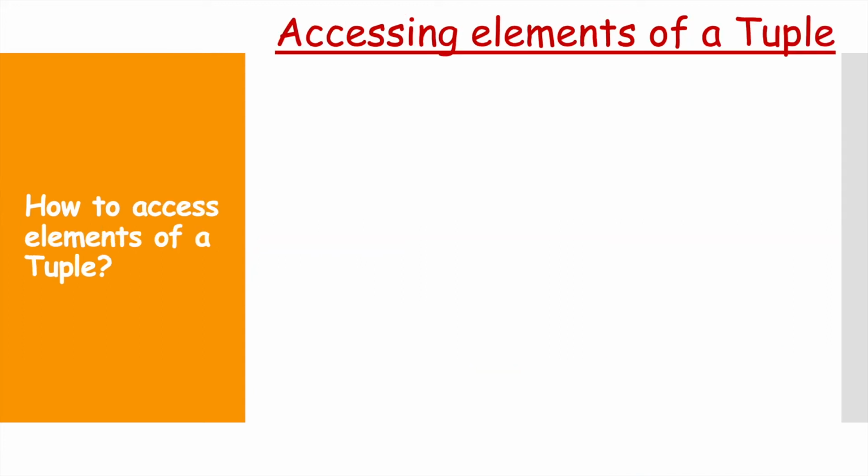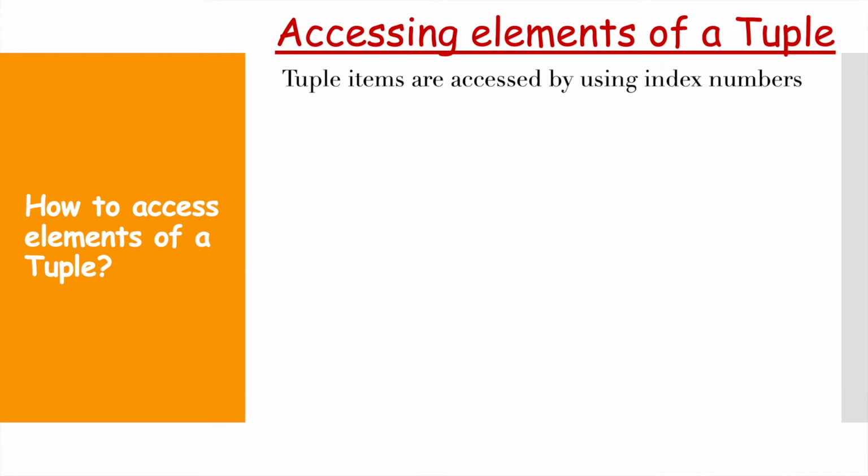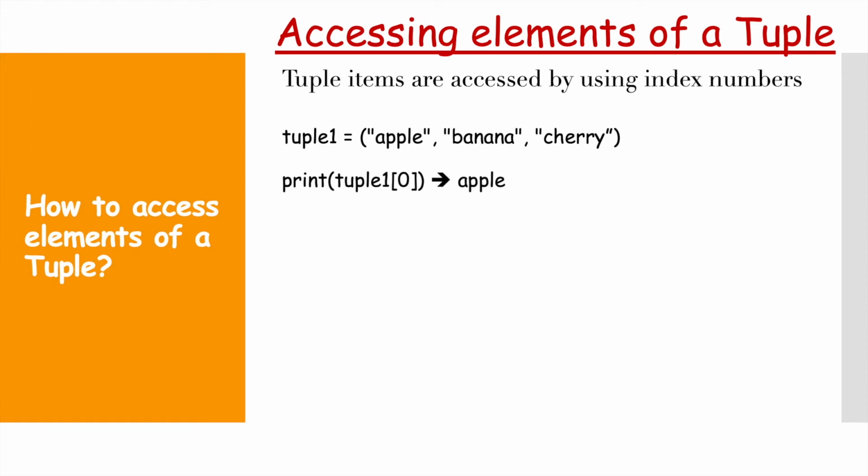Now let's see how to access the elements of a tuple. Tuple items are accessed by using index numbers. This is where you're creating a tuple. And when you're printing the tuple by giving an index number, it is going to fetch the item at that index position. Indexing always starts from 0. So when you give the index number as 0, it is going to fetch the very first tuple element.